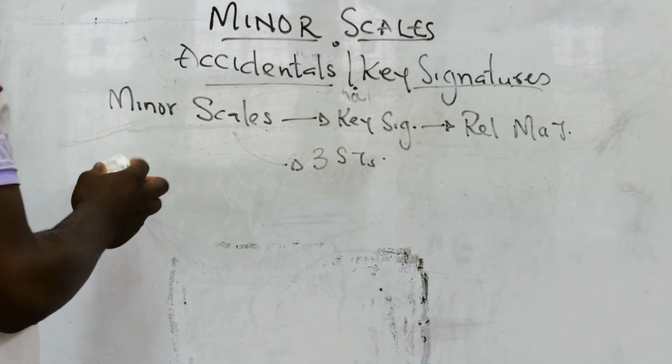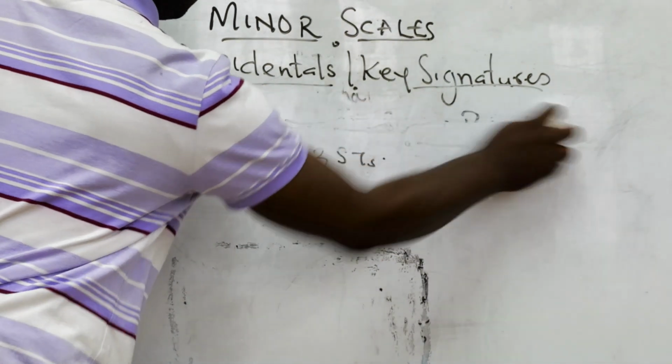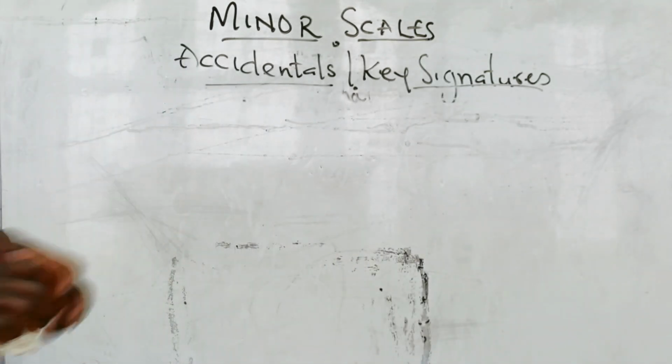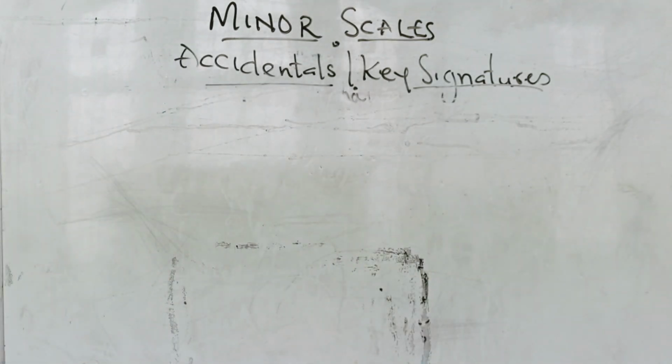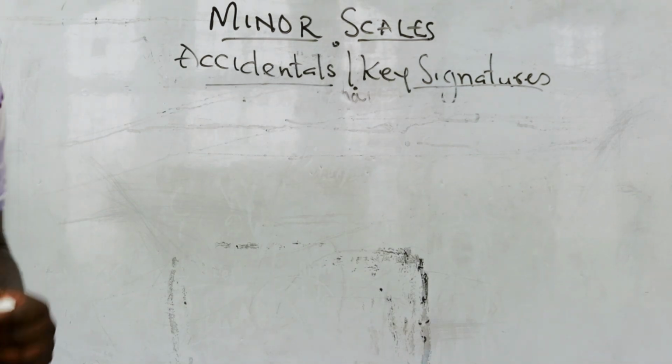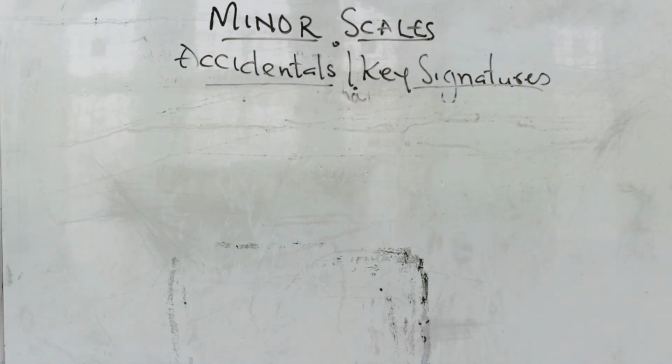Now, let's do the scale of A. For this exercise, for each of the keys, you can do them on the treble stave or on the bass stave, all right? I'm only going to do one of those staves, and then you'll be able to do the other one on your own.